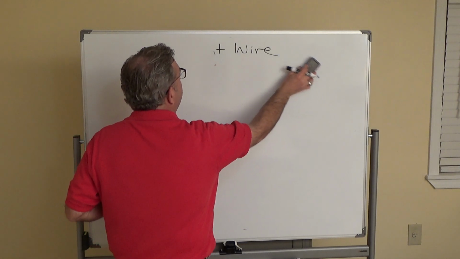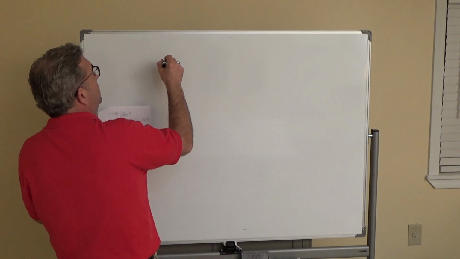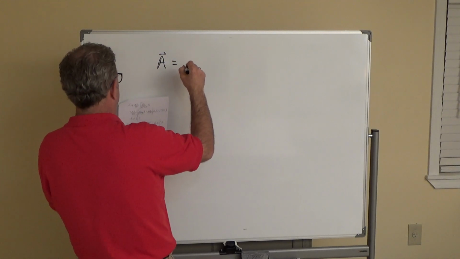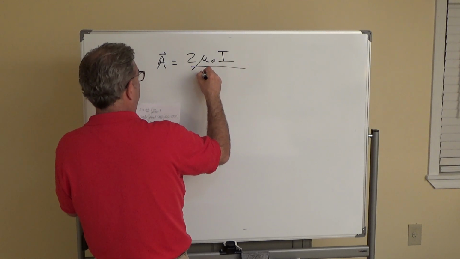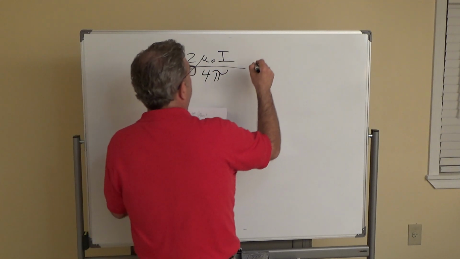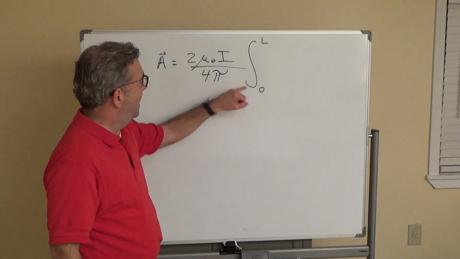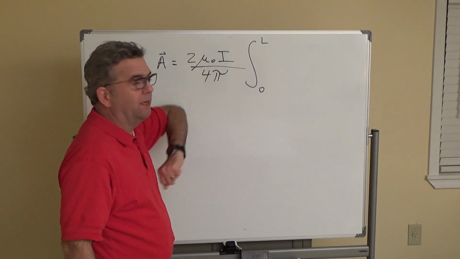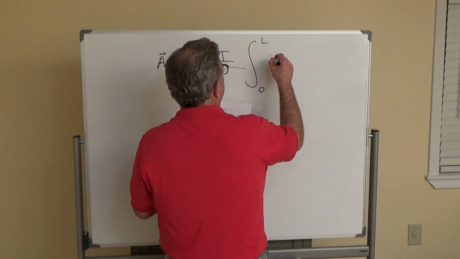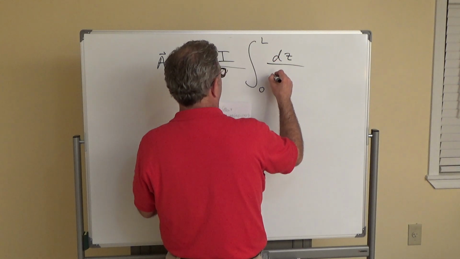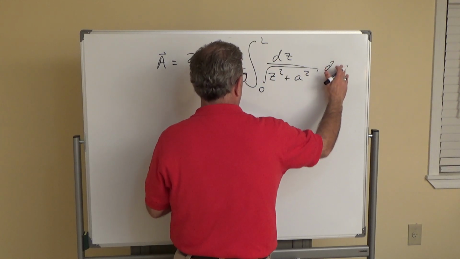By symmetry, you have a z squared, so it doesn't matter whether z is positive or negative, and you get A is 2 mu naught I over 4 pi times the integral from 0 to L. I could have gone from negative L to L, but I'm making it simpler by going from 0 to L and multiplying by 2, of dz divided by the square root of z squared plus a squared, and I already got dz.